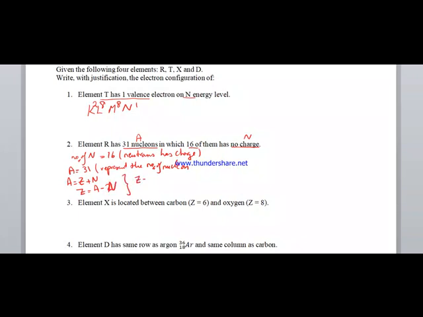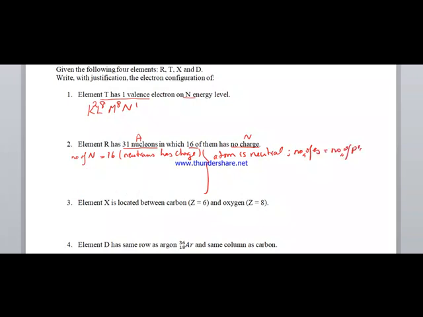Then Z is equal to 31 minus 16, which is equal to 15. Since the atom is neutral, this means the number of electrons equals the number of protons, which is equal to Z. So the number of electrons is equal to 15.